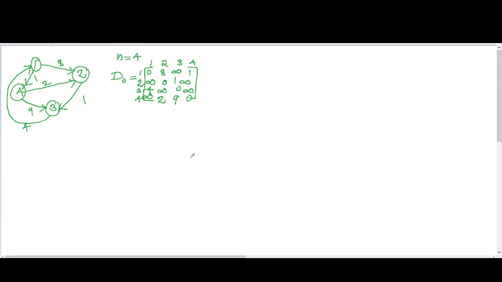For that we have to take 1 as intermediate vertex, then next 2, then next 3 as intermediate vertex, and finally 4 as intermediate vertex. In order to form D1, we have to take 1 as the intermediate vertex, and for that we can make use of this initial distance matrix D naught.